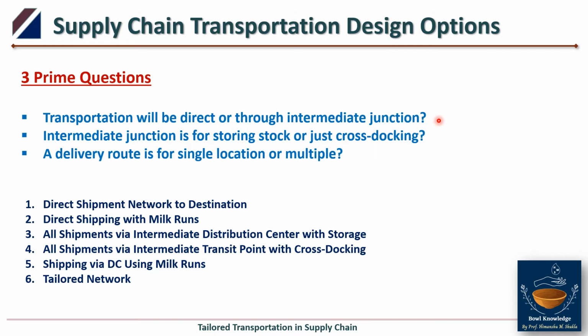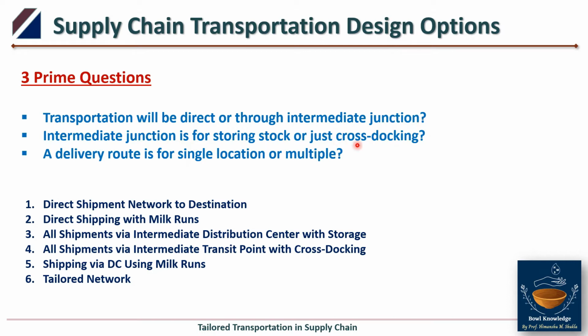Sometimes what happens, the order is like, I want this much product, so I will give my order to the seller. The seller will make those products and directly deliver to me. So in this case, there will be direct transportation of the product from the seller's company to the customer site. So the junction is not mandatory in such cases.